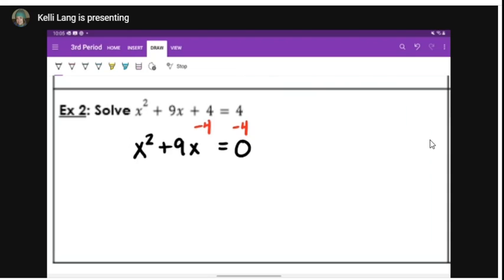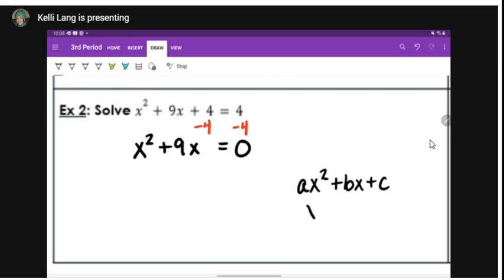Can I get a volunteer to tell me whether this is in standard form? Do we know? So remember what standard form is. Standard form is ax squared plus bx plus c.